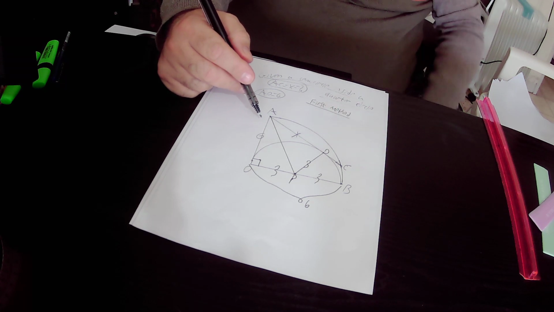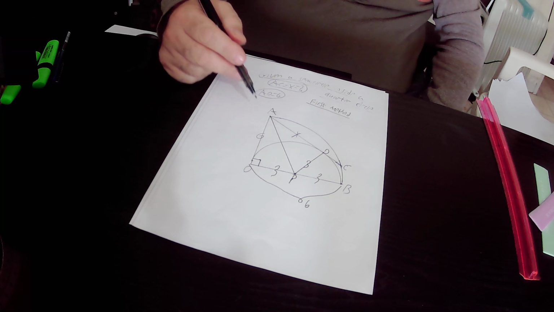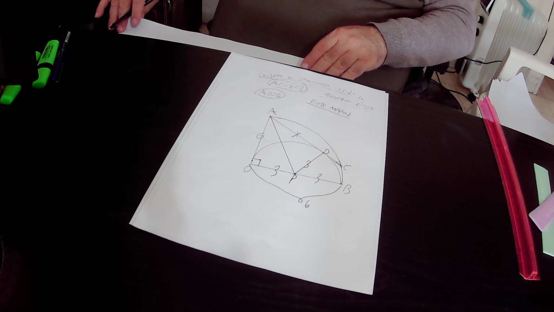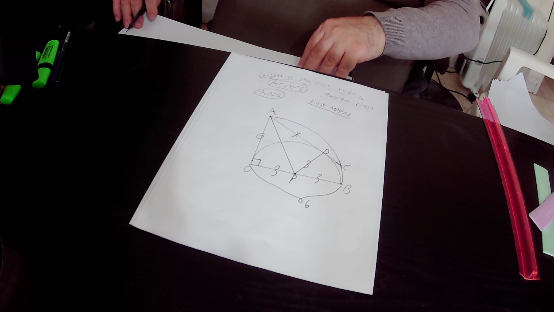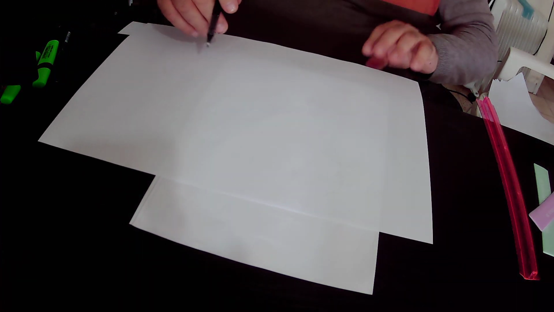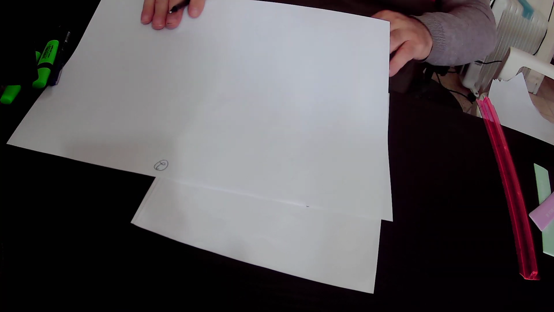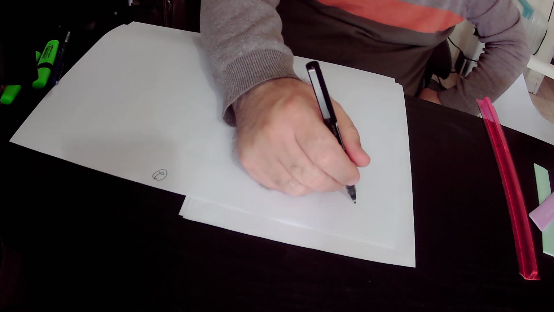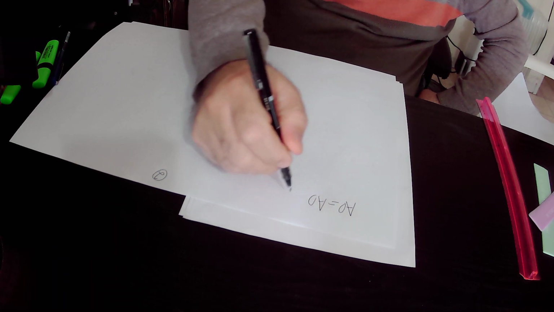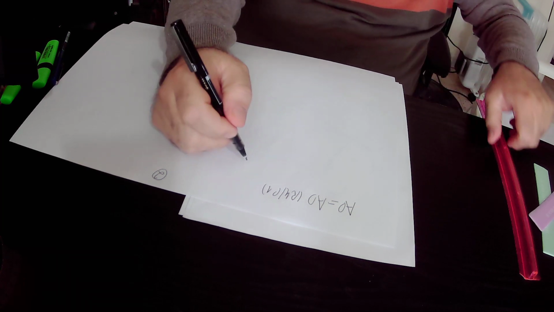And according to rule number 1, the lengths of those two tangents must be equal to each other. So we can write down that tangent AO is equal to tangent AD according to rule number 1. AO equals AD according to rule number 1. Okay?